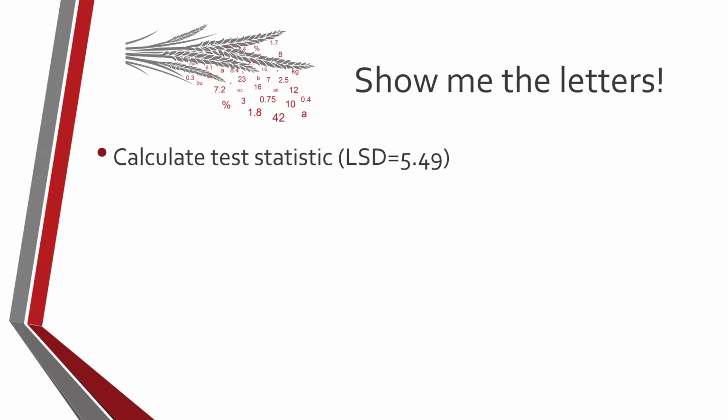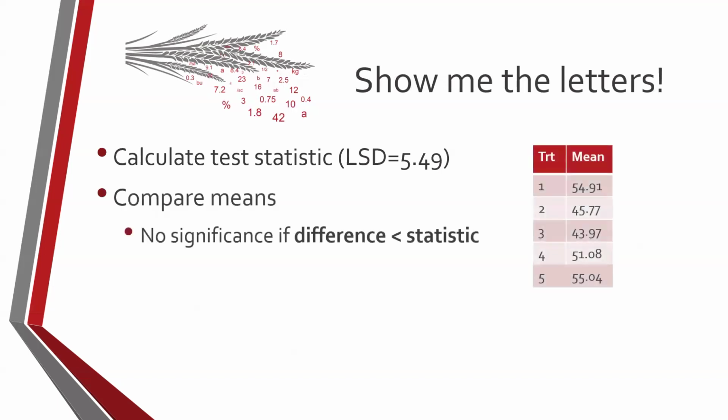We'll do it at 5% significance level, and so we get a 5.49 for that data we've been using. Then we compare the largest treatment mean to each of the other means using that test statistic. If the difference between means is smaller than that LSD value, then they are not considered significantly different.